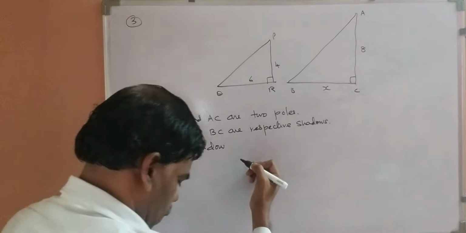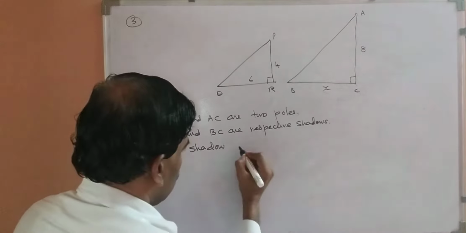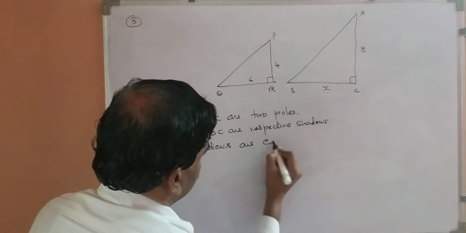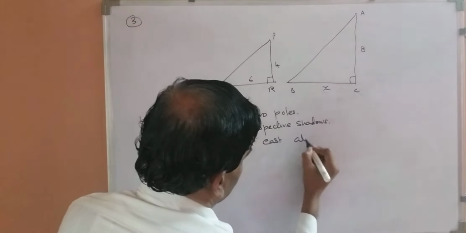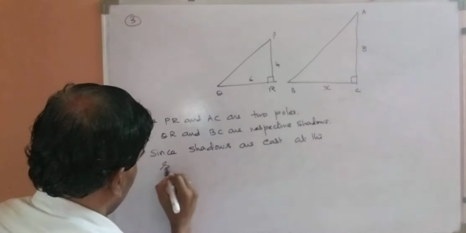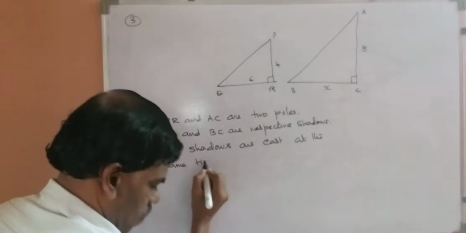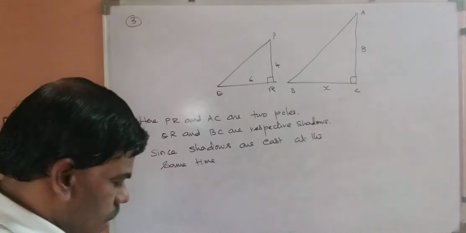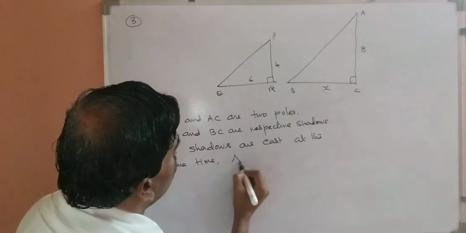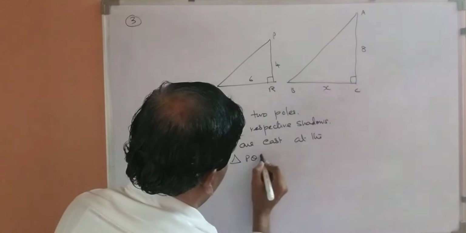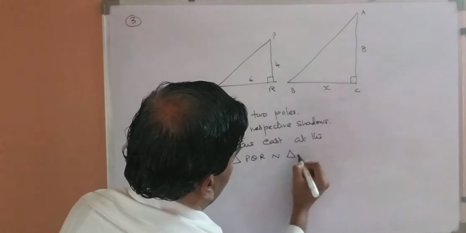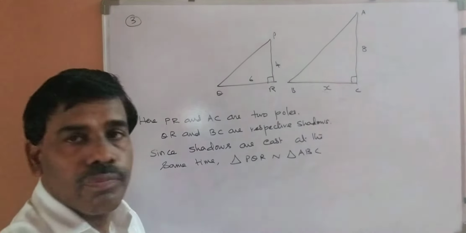Therefore, since shadows are cast at the same time, triangle PQR is similar to triangle ABC.